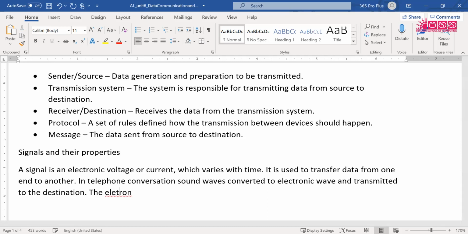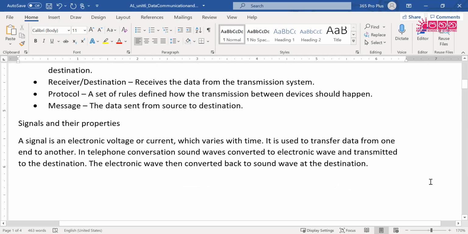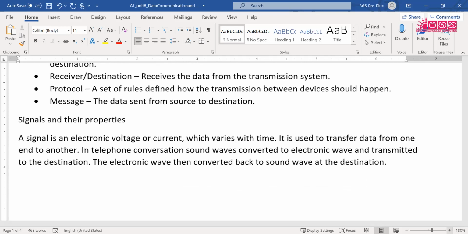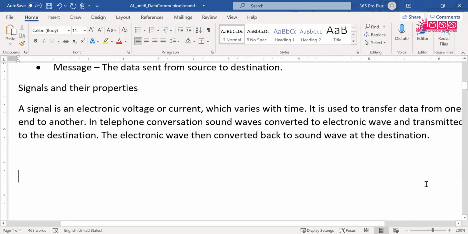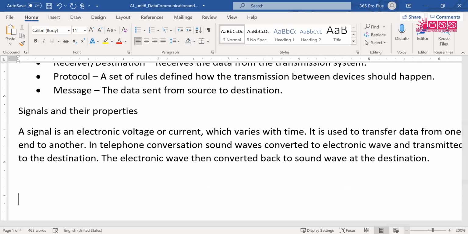The electronic wave is then converted back to sound wave at the destination. Now this is to discuss exactly how this transmission happens.